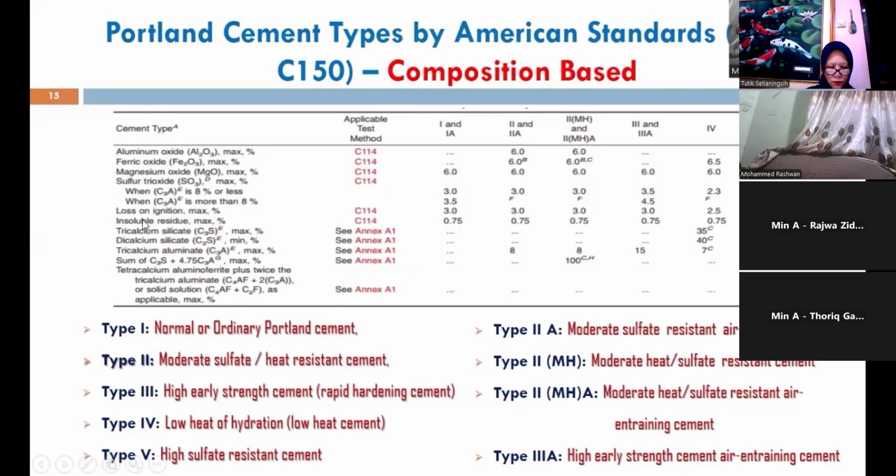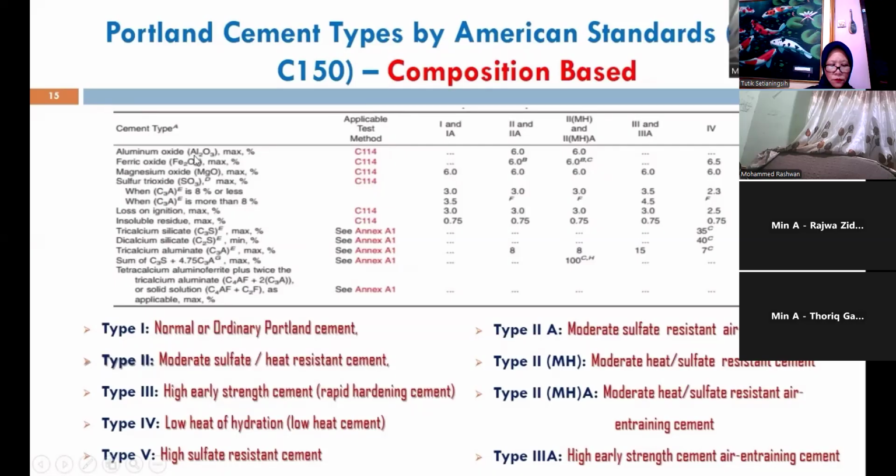In addition to phase composition, C3S, tricalcium silicate, C2S, dicalcium silicate, and C3A, tricalcium aluminate, at the maximum or minimum percent, must be satisfied in the type of cement. For type 1, this is normal or ordinary Portland cement.